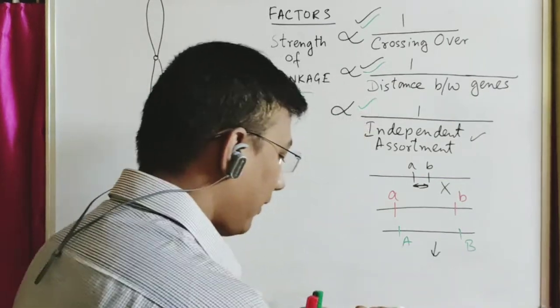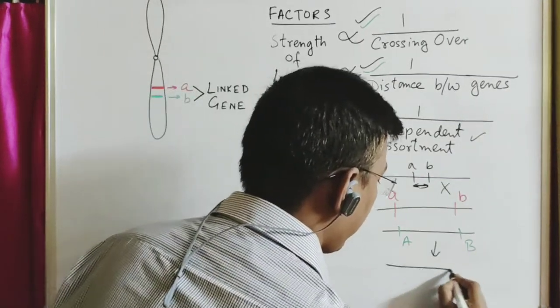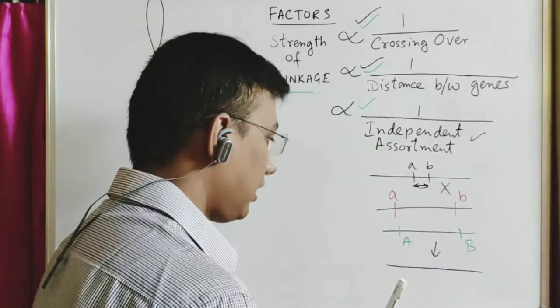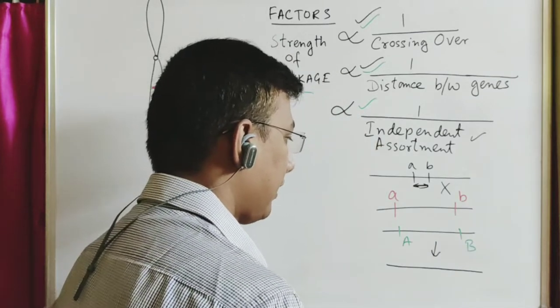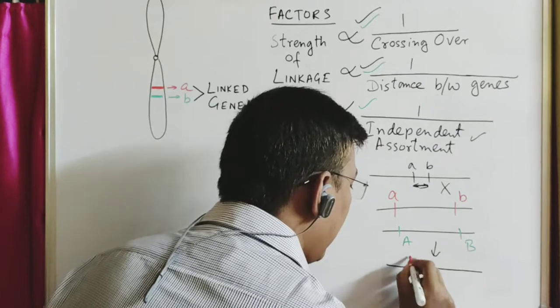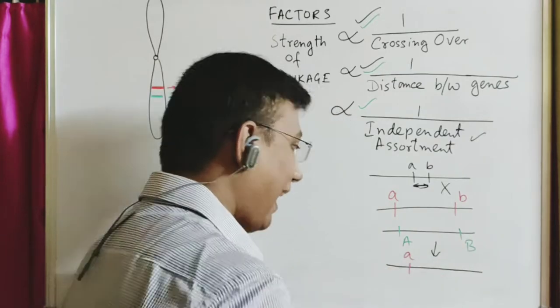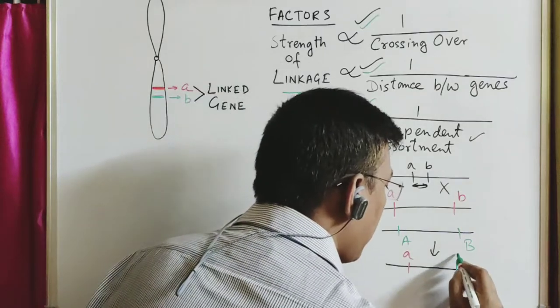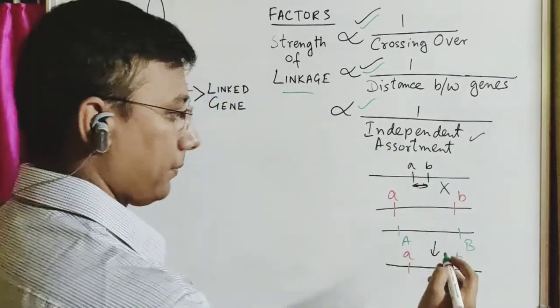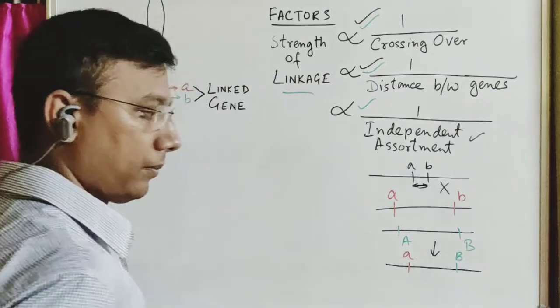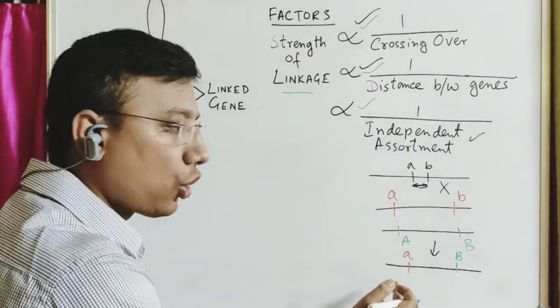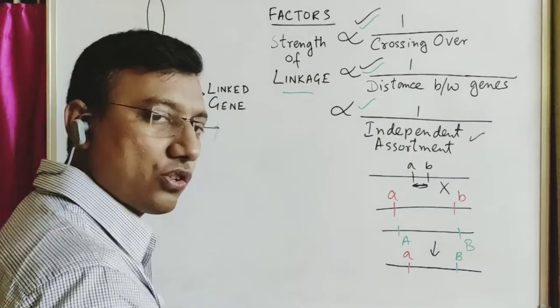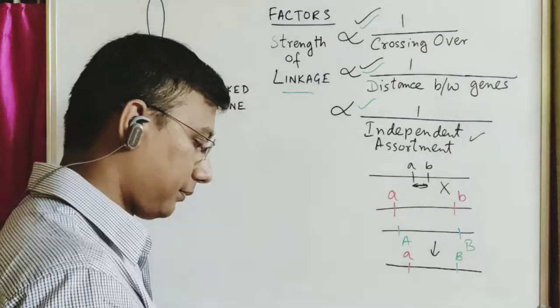After that we will get the gene like A and B, that is a recombinant, that means crossing over occurred.